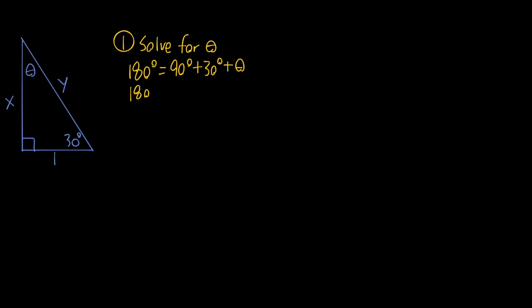Or 180 degrees is 120 degrees plus theta. Now this gives me 60 degrees as being my angle there. Okay, so my second step is going to be to solve for y.